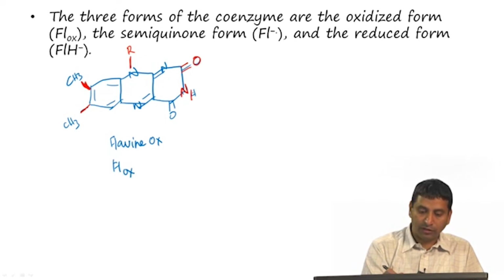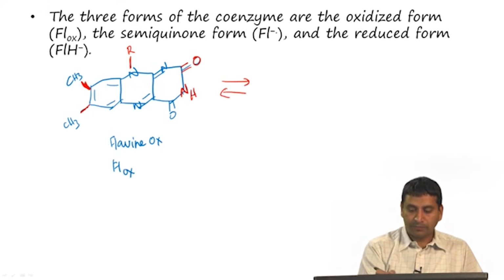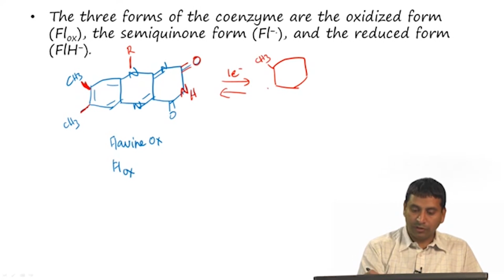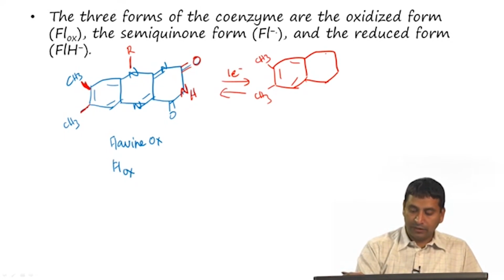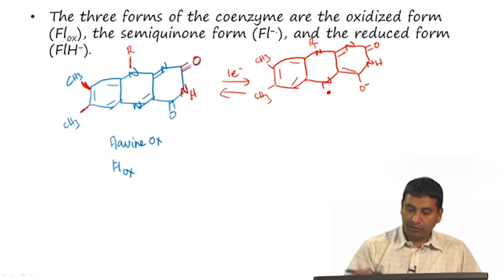It has a conjugated system, and once it picks up one electron, it can assume a similar structure, which I am going to draw here. The benzene ring here remains the same, and the nitrogen over here picks up 1 electron. This nitrogen remains the same, and you have O minus here, NH here, C double bond O. This nitrogen remains the same, this nitrogen remains the same.